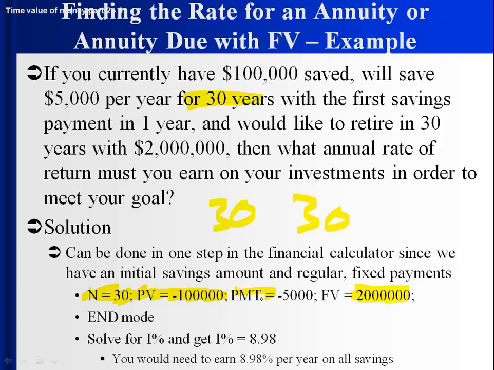We're also going to be paying $5,000 into the account for 30 years, and we're starting in 1 year. What's the rate that all these things need to earn in order for us to hit our 2 million? 8.98%. So the 100,000 would compound for 30 years at 8.98%, and then we just keep adding 5,000 every year, and whatever's in the account earns 8.98% for the next year.